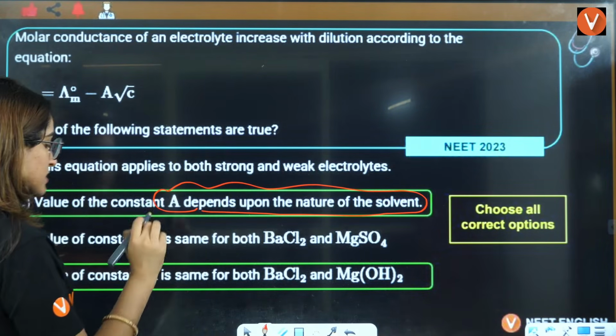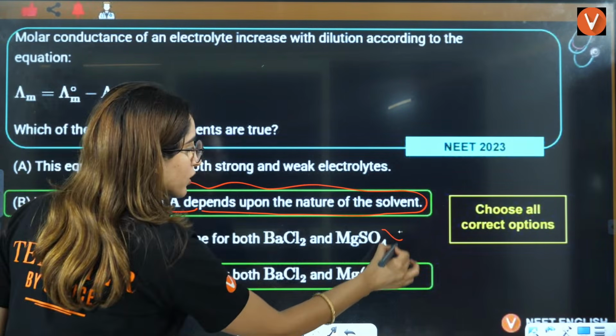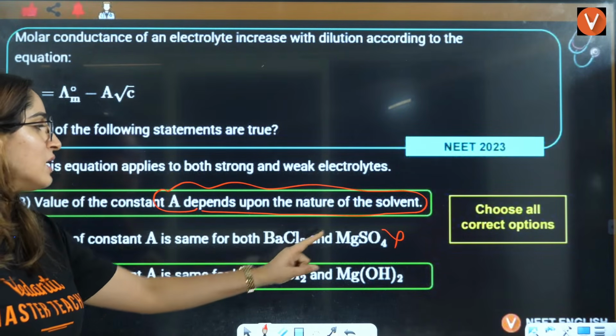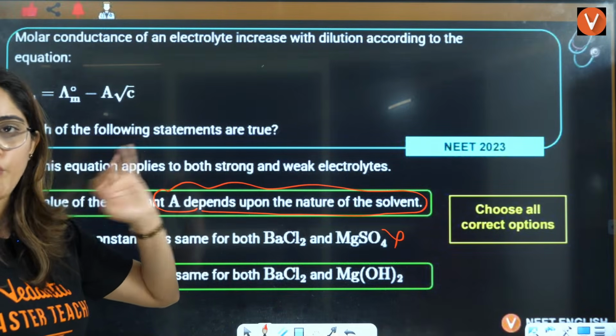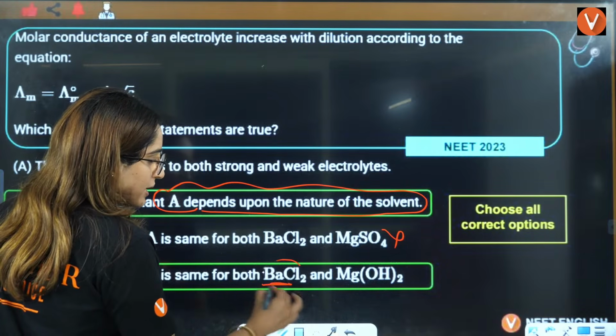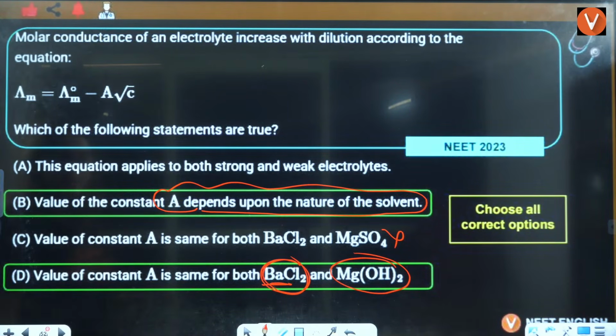Ba2+ has 2 Cl-, and Mg2+ has 1 SO4 2-. But in this case, we have BaCl2 and Mg(OH)2, right?